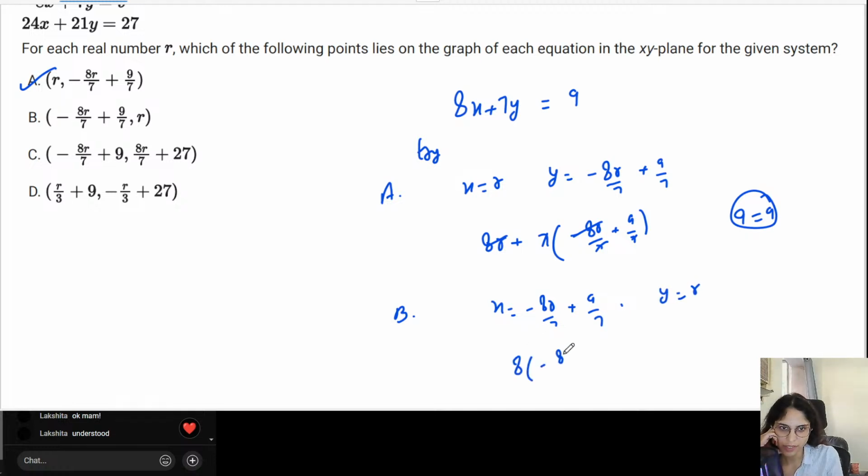So 8 times negative 8r over 7 plus 9 over 7 plus 7 times r, you know, this is not going to cancel. And this is not 9, so this is not going to work. Okay? So this is how we do these questions by trial and error. And go get those things where you're having r somewhere, either in the x or in the y. If those are not working, then go through these complicated solutions, otherwise no need.